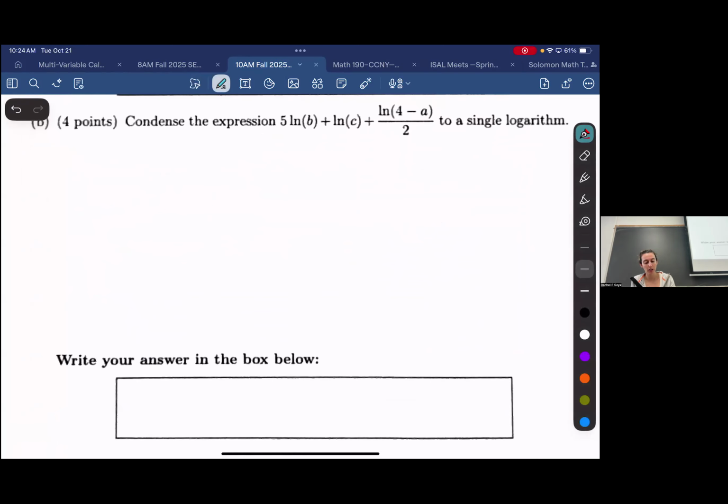And so we're given our 5 ln of b plus ln of c plus ln of 4 minus a over 2. This can be rewritten as what?